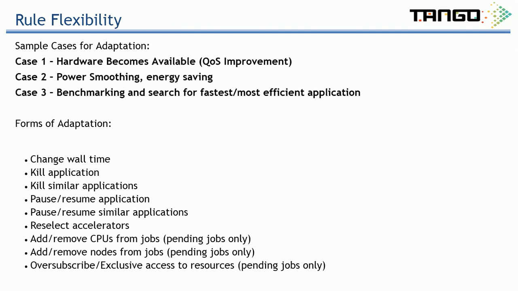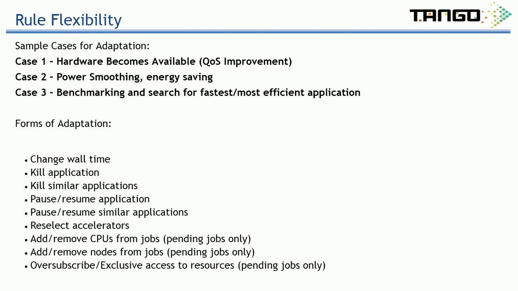We can also look at the forms of adaptation that we can actually perform with the Self Adaptation Manager. We can do things like extend the wall time or reduce the wall time to improve packing of applications. We can kill applications off, or we can kill similar applications, not just a given application which has been the cause of a given event.